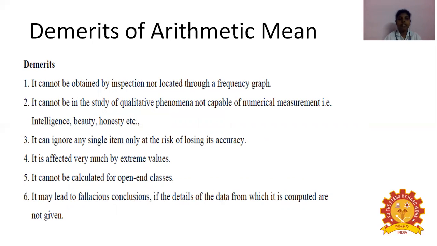It cannot be used in the study of qualitative phenomena not capable of numerical measurement, that is, intelligence, beauty, honesty, etc. It cannot ignore any single item without the risk of losing its accuracy.